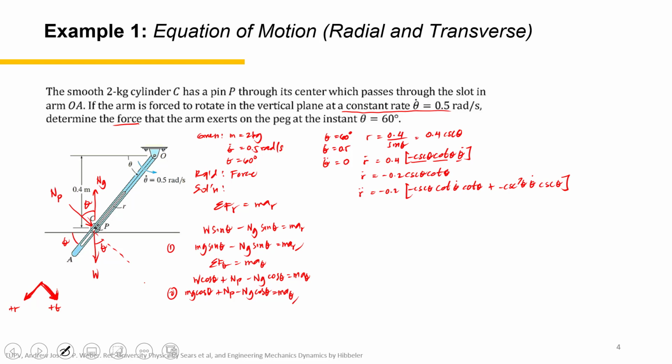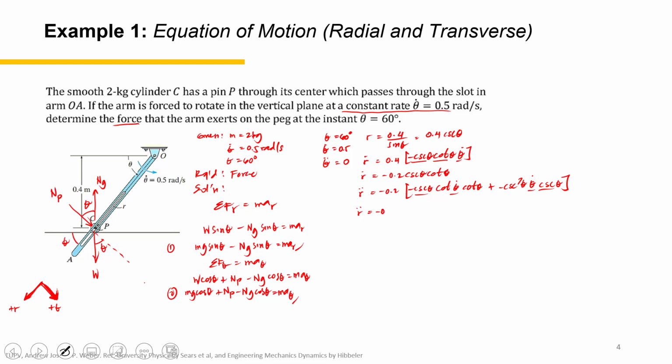Okay, so let's simplify. We have theta dot, we have cosecant also, and cosecant here. So we can extract that out. Negative cosecant theta, theta dot, negative cosecant theta, theta dot.